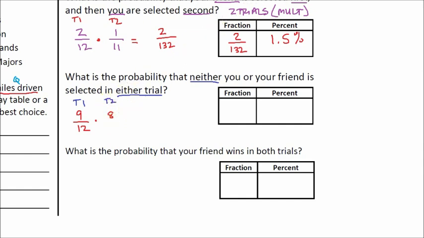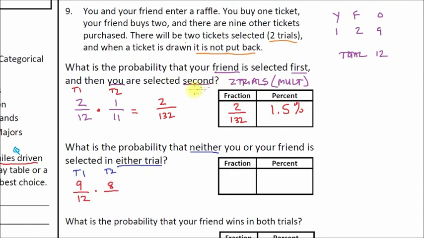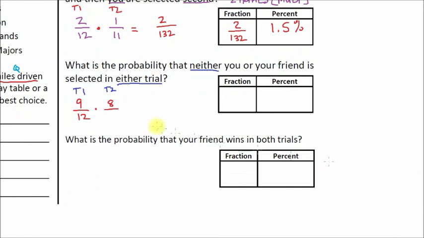Now how many tickets are left in the barrel? Well, we already picked one and we're not returning it. Remember, the whole story tells us you don't put it back. So we know that in our second trial, it's dependent on the first one. We're only going to have 11 tickets left. So the first pick, there's 9 tickets out of 12. In the second trial, there's only 8 other tickets left, and there's only a total of 11 tickets left in the raffle barrel.